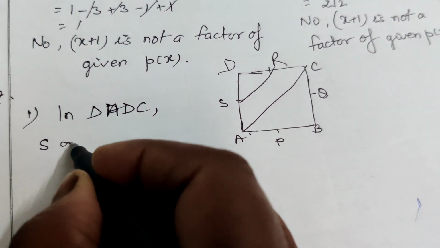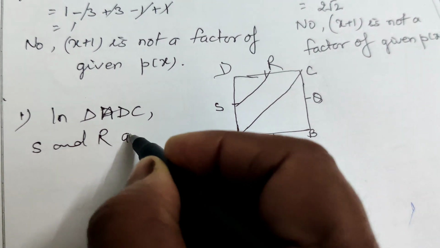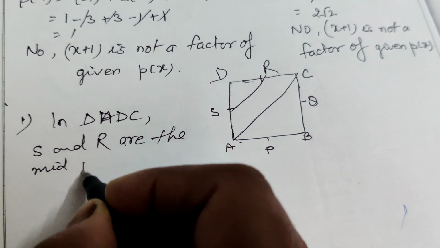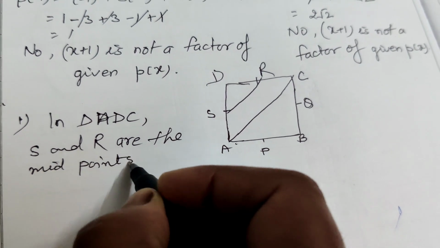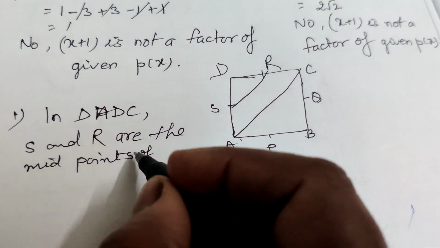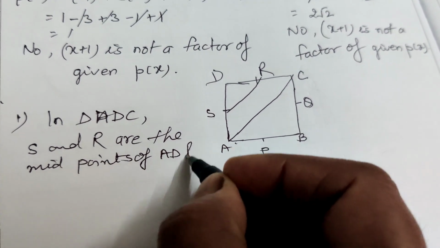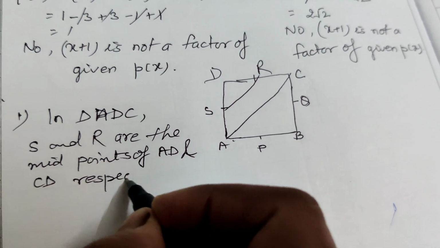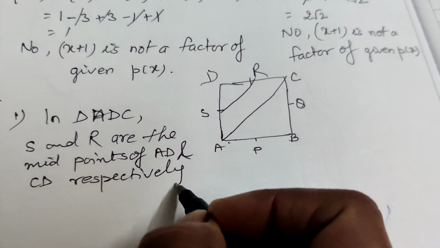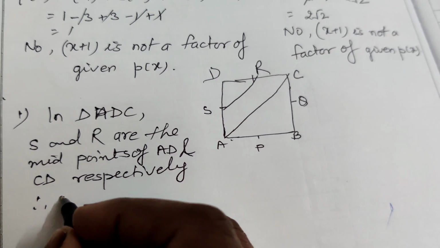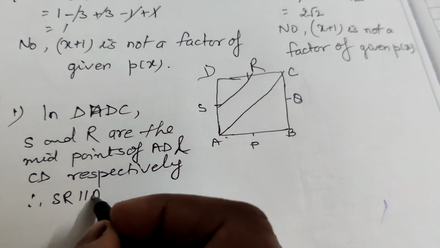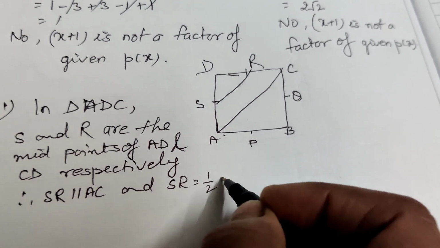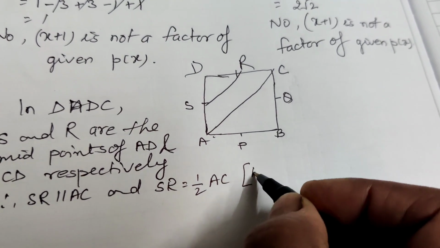S and R are the midpoints of AD and CD respectively. Therefore SR is parallel to AC and SR equal to half of AC by midpoint theorem.